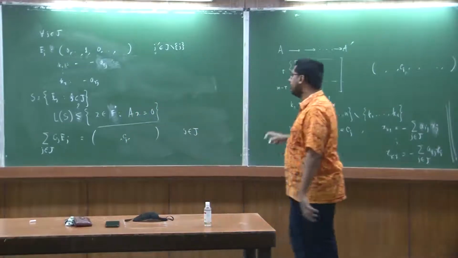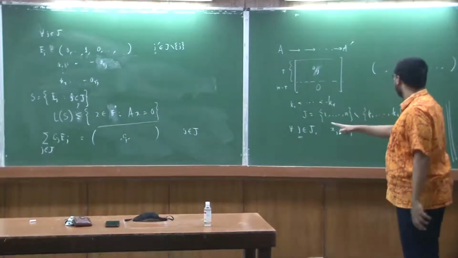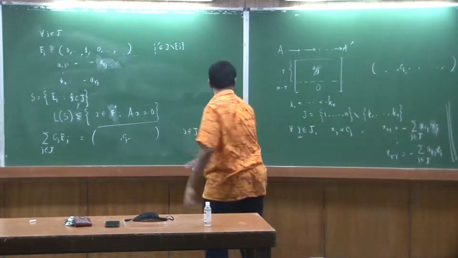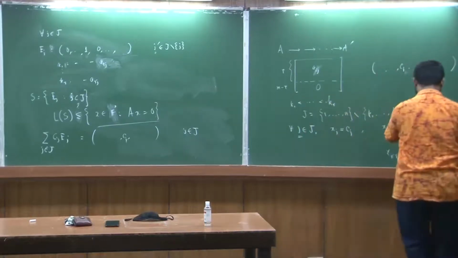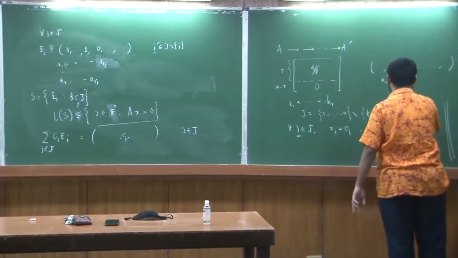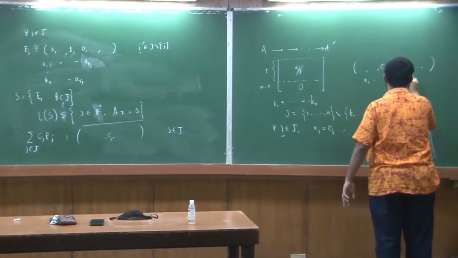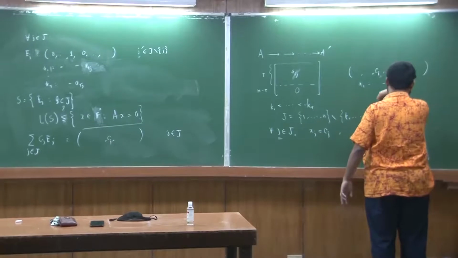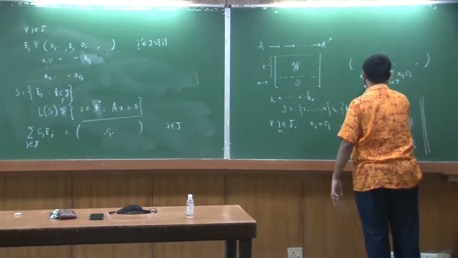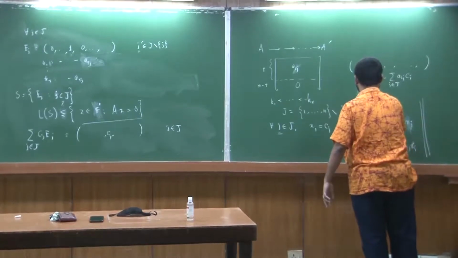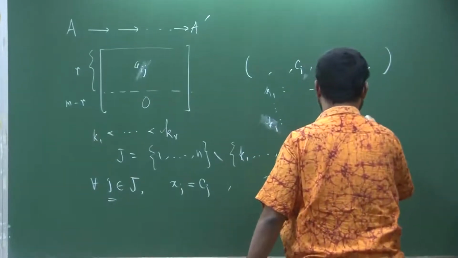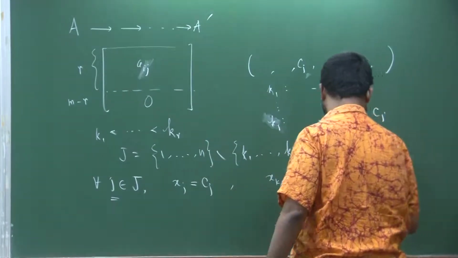Now only we have to show that the other coordinates are given by this. So, I should have written here the k1 coordinate is given by this equation, minus a1j Cj. Similarly, the kr coordinate is minus arj Cj.